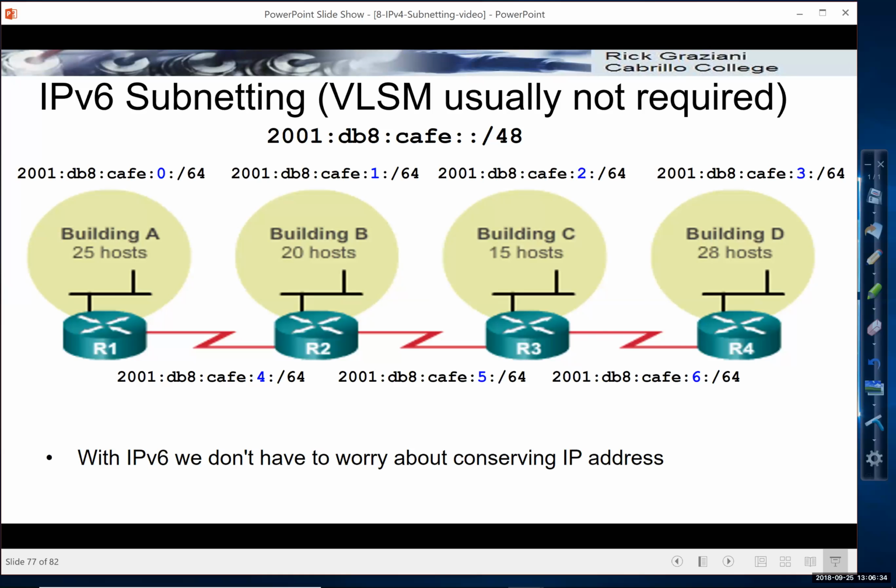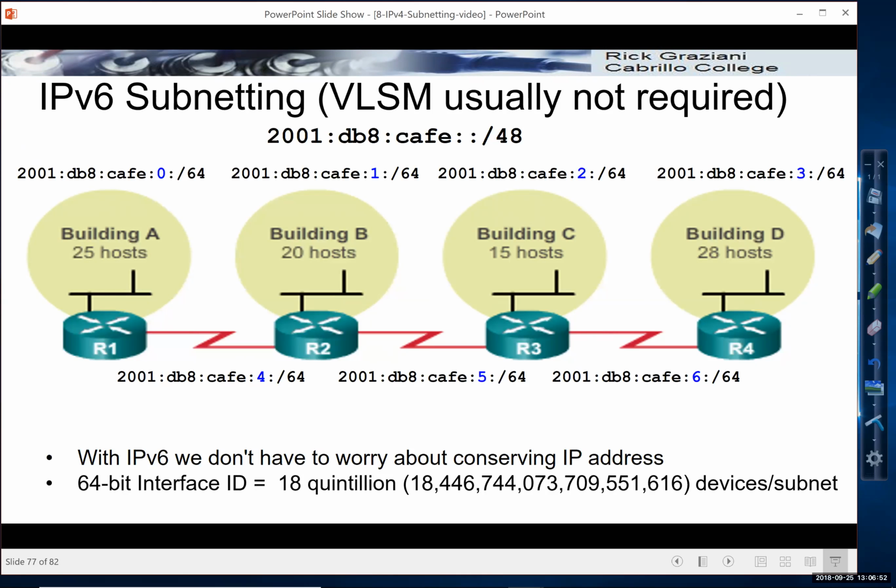We don't have to spend time trying to figure out VLSM addressing schemes when we can spend time analyzing our network, looking at traffic flows, looking at security, looking at performance, meeting the needs of our users, meeting the needs of our business. So that's what 18 quintillion looks like.